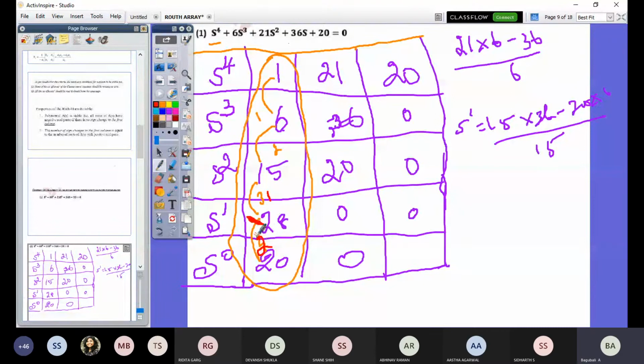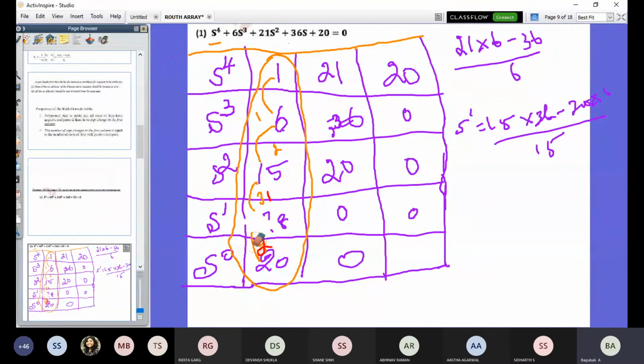Suppose any sign changes are predicted. Is it clear? Able to follow? Yes, sir. In this problem, no sign changes are predicted.